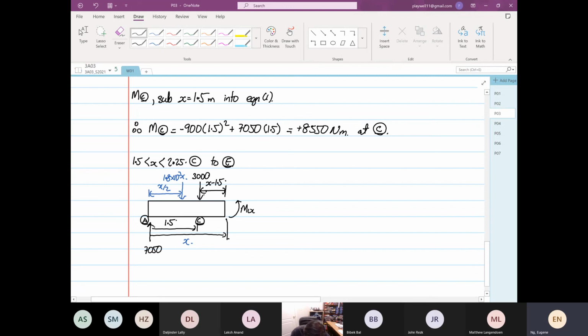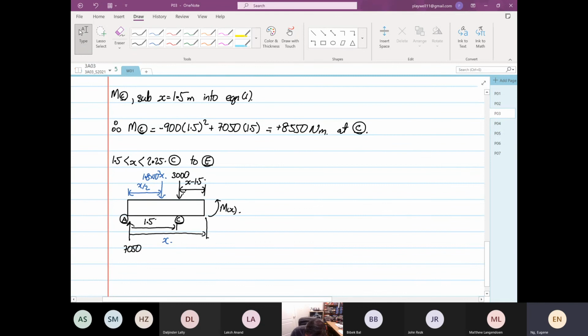Again, positive bending moment assumption. From here we're going to form the equation again. The trick about doing this is to get your load correct and get your distribution correct. So over here, the summation of moments in the z direction at point x will be equal to 0. So we have minus 7050, that is the reaction force at point A, going in a clockwise direction.